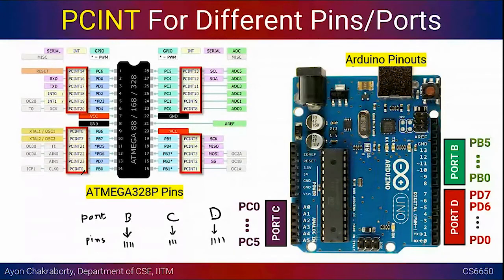The difference with the external interrupt was that we can explicitly implement the interrupt service routine for those 2 external interrupts, whereas if you are using PCINT, the interrupt service vector will be specific to a particular port, and within that port you have to jump into the interrupt service routine meant for that port, and then check which pin was pressed, and if you want to do further processing on them, you have to do it there. But it will be shared among different pins within the same port, so you have to keep that in mind.